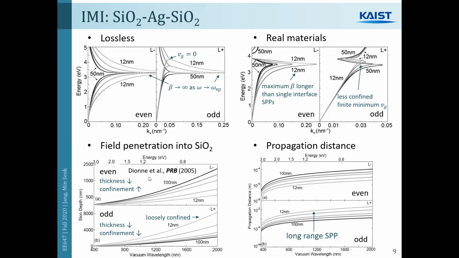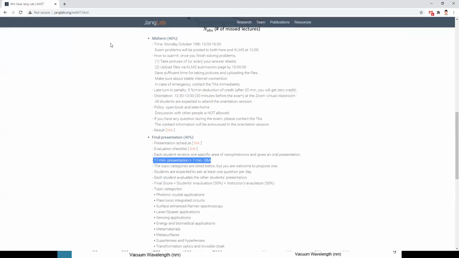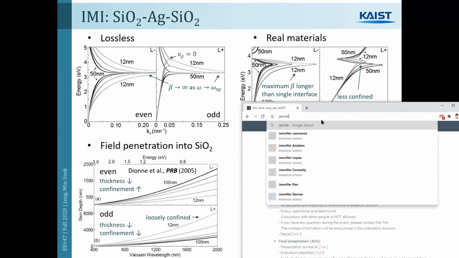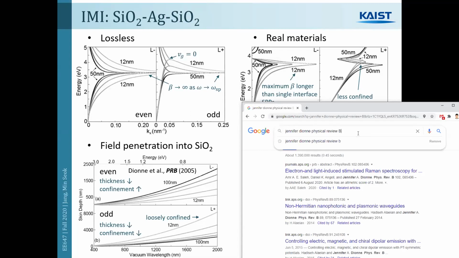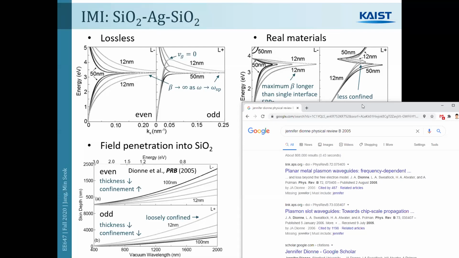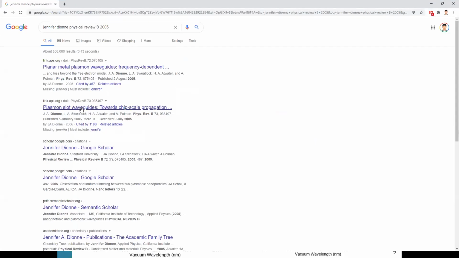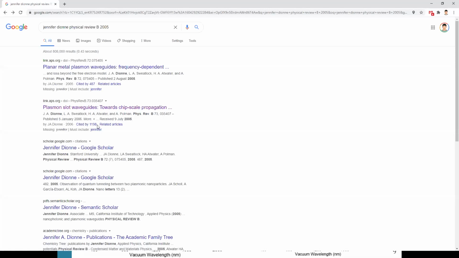But let me introduce one paper to you. From now on, what I'm going to cover is this paper, written by Jennifer Dionne in 2005 in Physical Review B. Typically, papers in Physical Review B are not cited that much, but this paper is cited by 1,200 times, which is a lot, right?